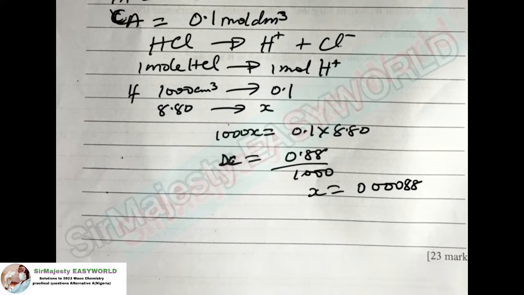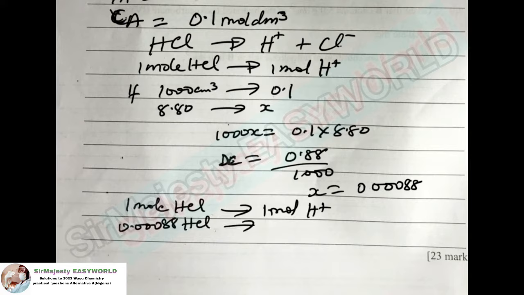Then you go back, since 1 mole of HCl will give us 1 mole H plus, it also implies that 0.0088 moles of HCl will also give us 0.0088 moles of hydrogen ion. So this is going to be your final answer for this.